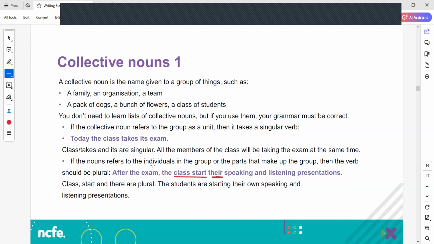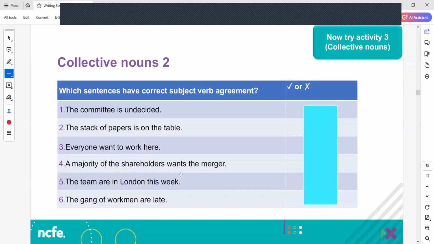Because this is referring to the members of the class doing individual speaking and listening presentations. So it becomes plural. Okay, it's quite tricky, but let's stick with it and look at some more.